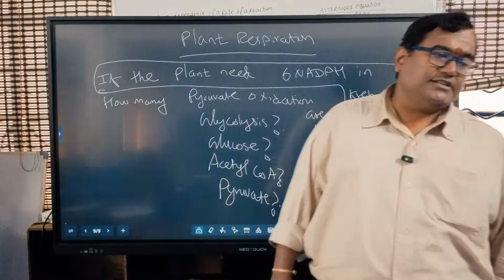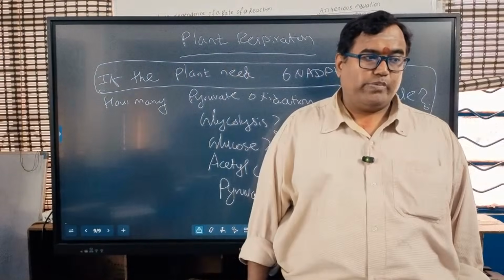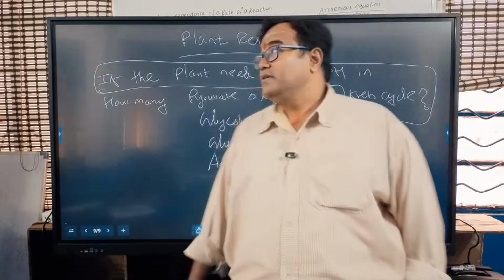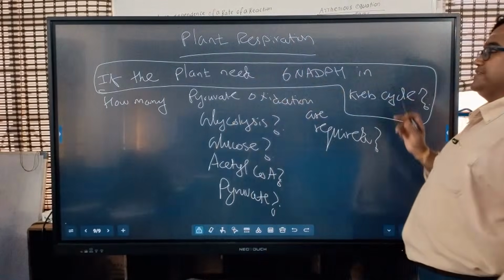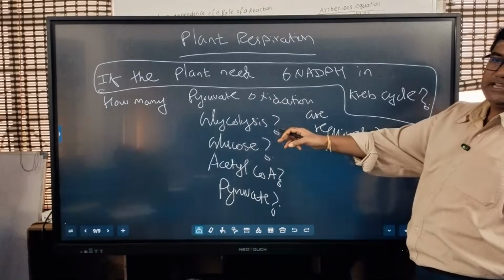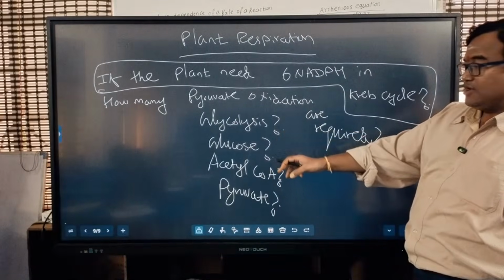If you have any doubts, please ask me. One more time, I'll repeat. If the plant needs 6 NADPH in the Krebs cycle, how many pyruvate oxidations are required? How many glycolysis are required? How many glucose are required? How many acetyl-CoA are required?